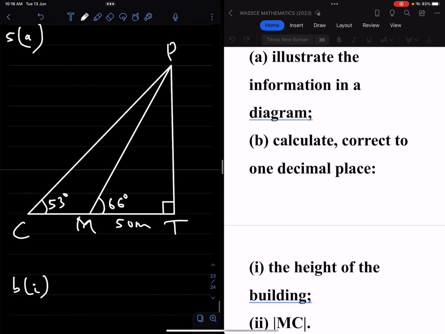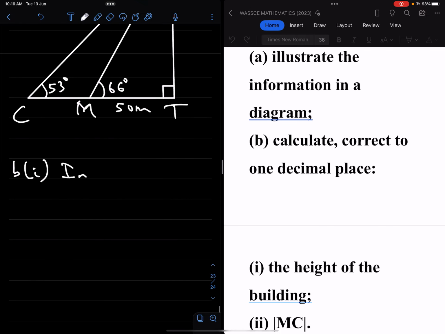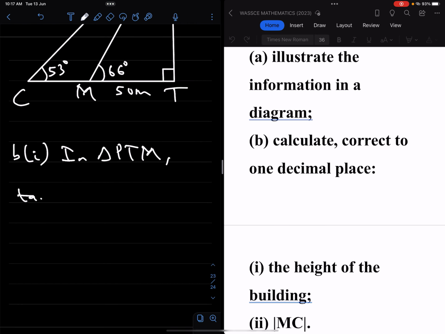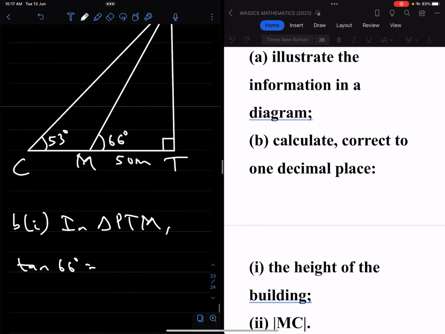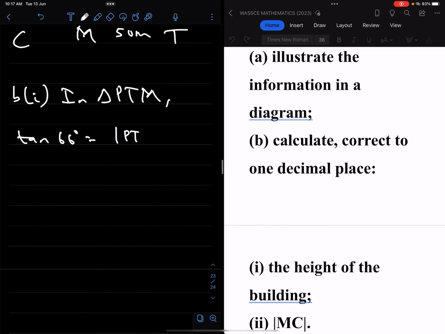Of course, I can see that in right angle triangle PTM, tan 66 degrees is equal to opposite over adjacent. That's PT, which is this length, over MT, opposite over adjacent, and that's PT over MT, or if you like, I can say TM.